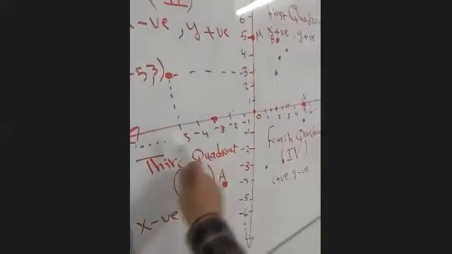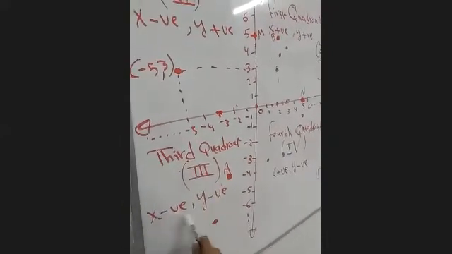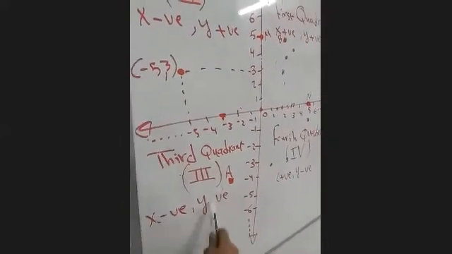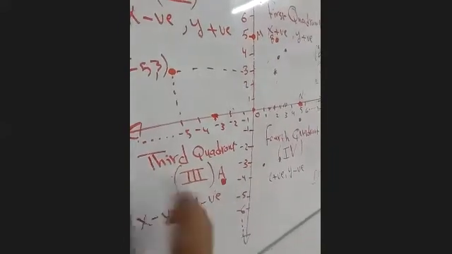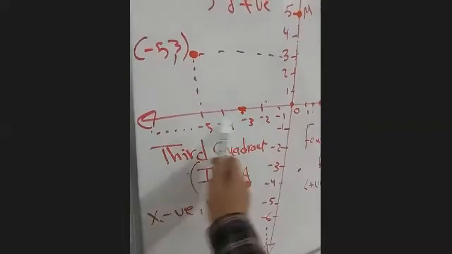Here, x is negative and y is negative. So the points here have both coordinates negative. So this point is located on which quadrant? On the third quadrant. Right, third quadrant, or quadrant 3, whatever you want.